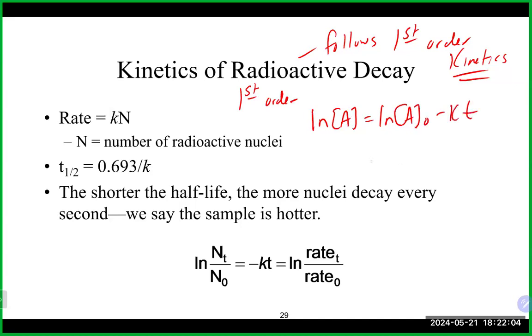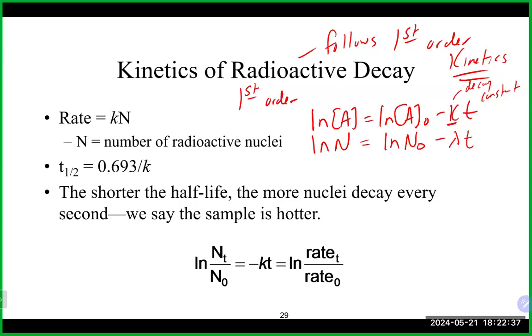Here in nuclear chemistry, instead of A, they use N to represent the nuclide: natural log of N equals natural log of N naught minus kt. And sometimes instead of k, true nuclear folks will use the lambda symbol to represent the decay constant. Here k is the decay constant instead of the rate constant. k or lambda is sometimes used for it. It's really the same thing.